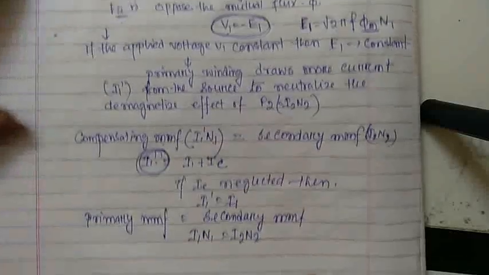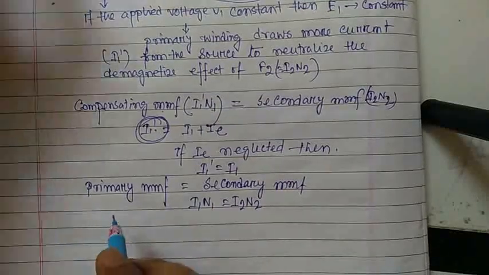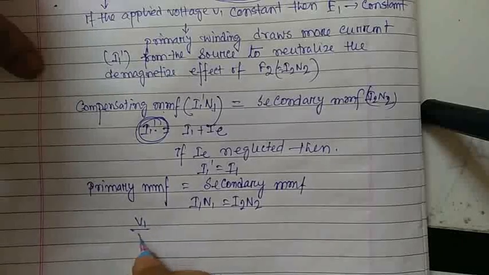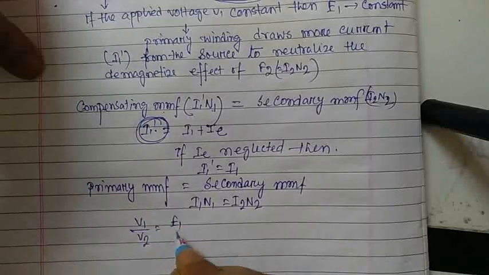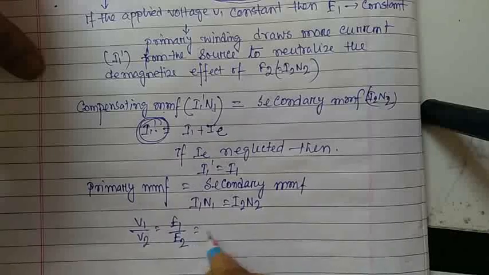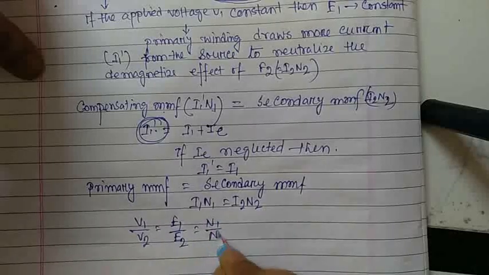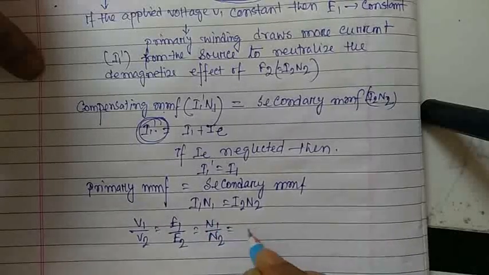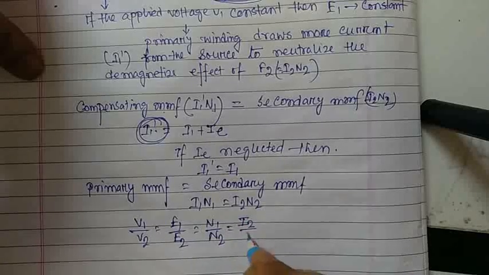We already know from the previous class that V1 by V2 equals E1 by E2 equals N1 by N2. Now from this equation we can write I2 by I1.